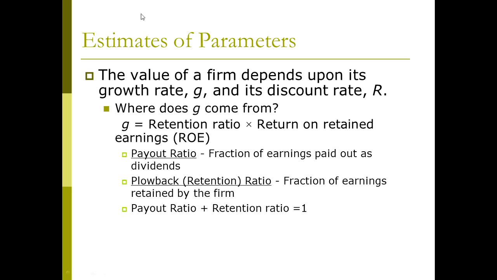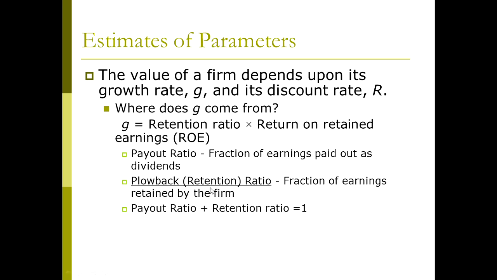Okay, so in case the manager decides we're going to pay out, say, $2 as dividend, then the payout ratio will be the percentage of the earnings paid out as dividends. In this case, $2 divided by $5, 40%. Then the remaining one will be $3.